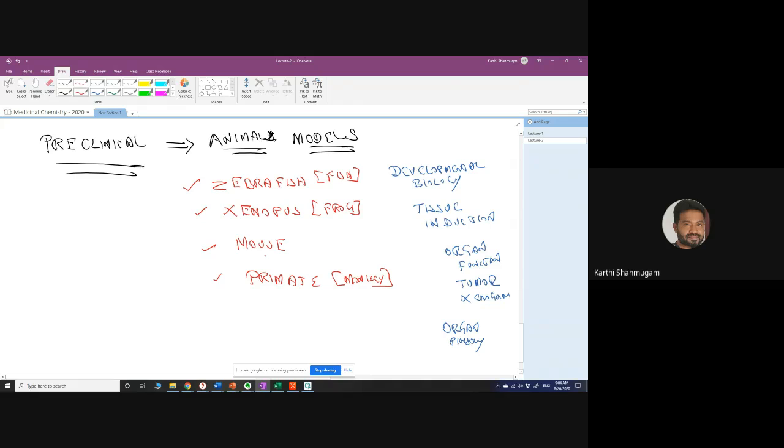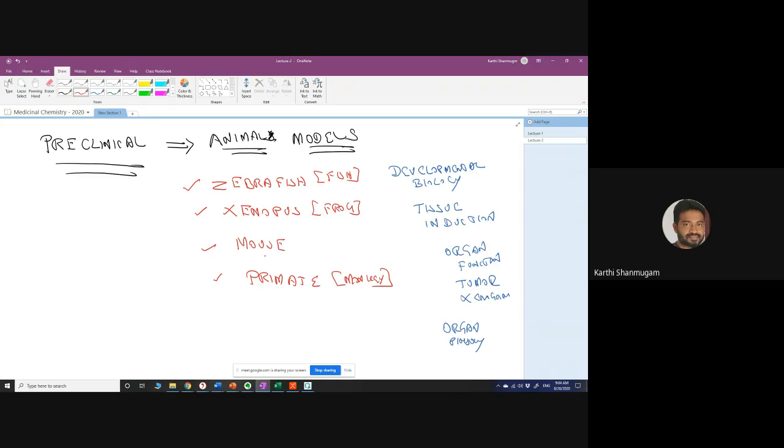What I'm trying to say is we cannot use these animal models randomly. Choosing the animal model for your preclinical study depends on different factors. If you want to design a drug molecule for diabetes, the best option is going for mouse or rat. If you want to study Alzheimer's or Parkinson's disease, we go for monkeys or dogs.